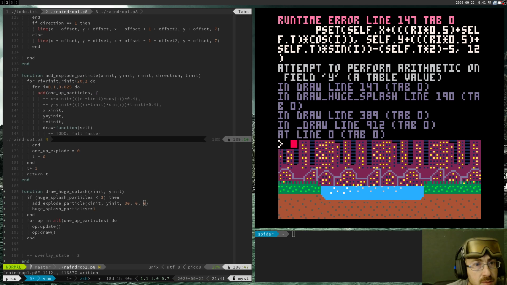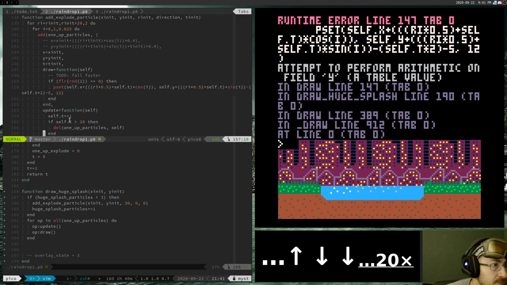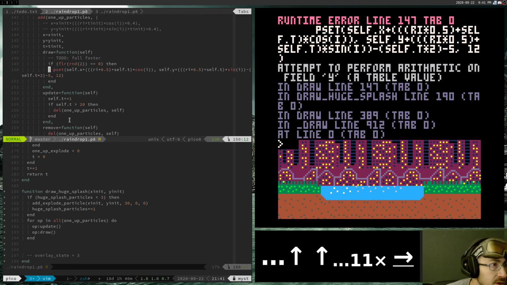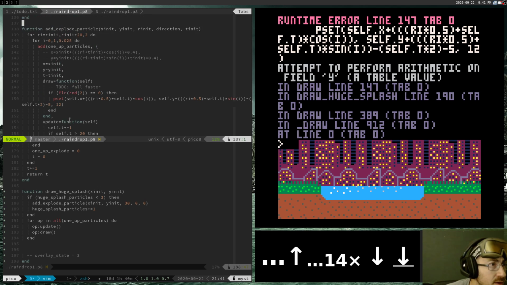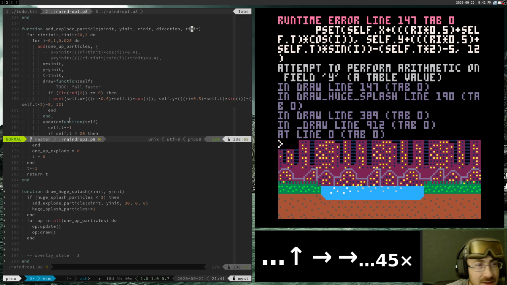Okay, attempt to perform arithmetic on field Y a table value. Okay, so let's take a look at this. Right over here. X in it, Y in it, R in it.